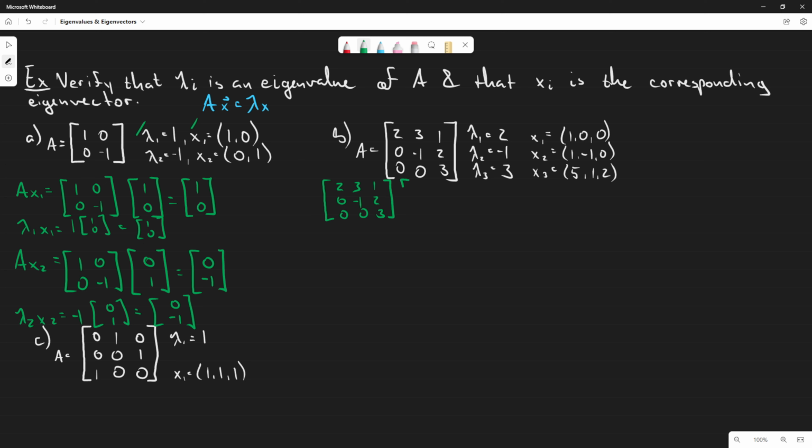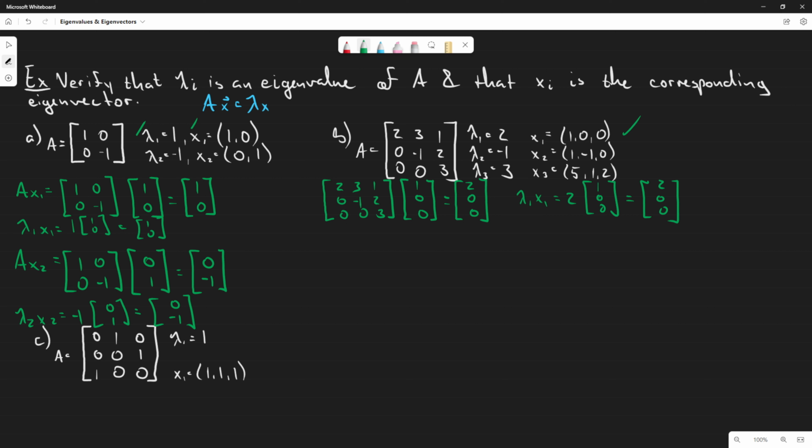We're multiplying this by [1, 0, 0], which luckily means take everything from the first column. So this would just be [2, 0, 0]. Then to check with the other one, it will have lambda 1 x1, which is just 2 times [1, 0, 0], which also equals [2, 0, 0]. So the first one is an eigenvector with its eigenvalue.